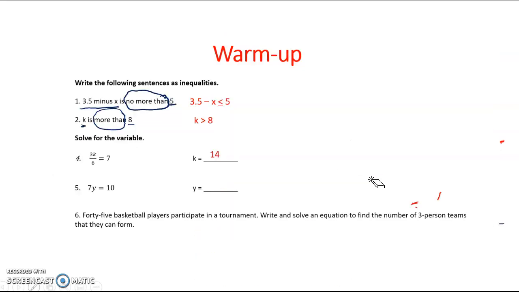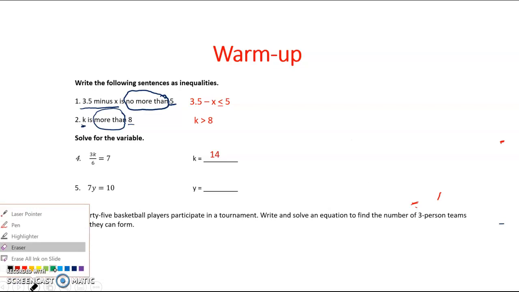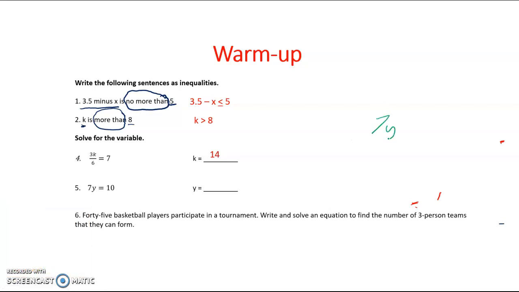All right. So I have 7y equals 10. I'll go with green. 7y equals 10. By doing the inverse operation, I'm going to divide both sides by 7. So I have 7y divided by 7, 10 divided by 7, and these cancel each other out.